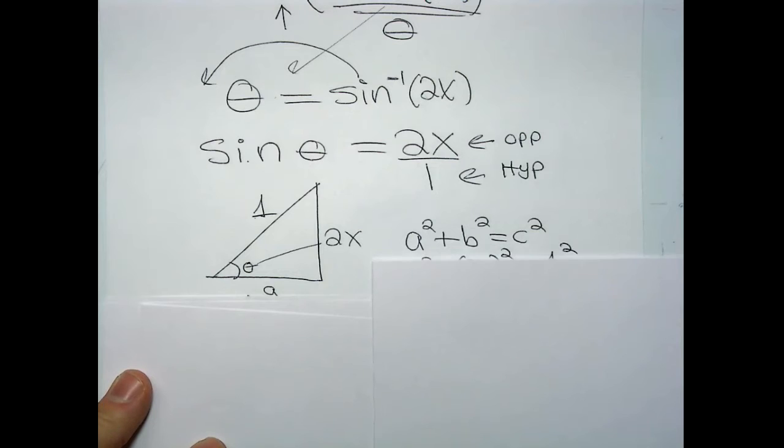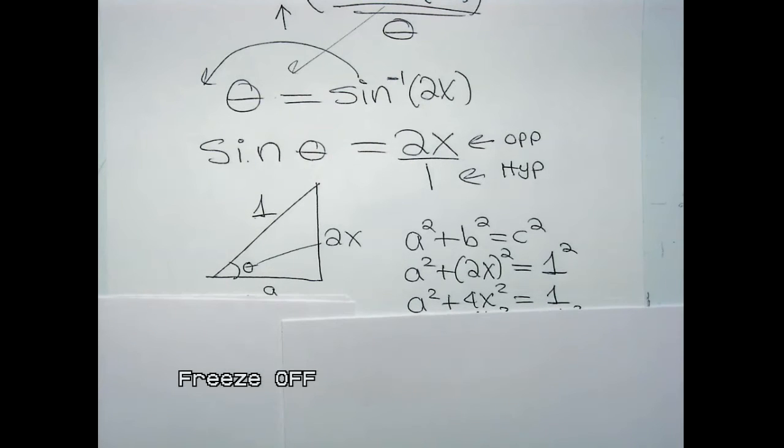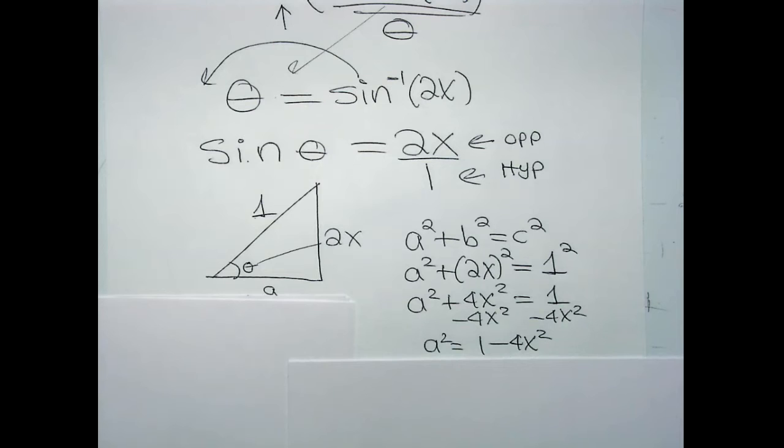A squared plus B squared is equal to C squared. So A squared plus 2x all squared, and if you do that, you're going to get 4x squared is equal to 1. I would move the 4x squared to the other side, where you get A squared is 1 minus 4x squared. And finally, let's get A by taking the square root of both sides.